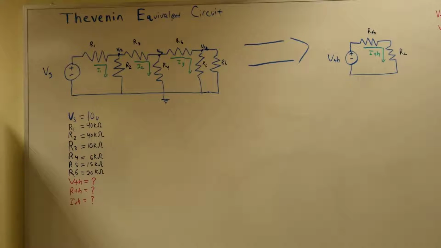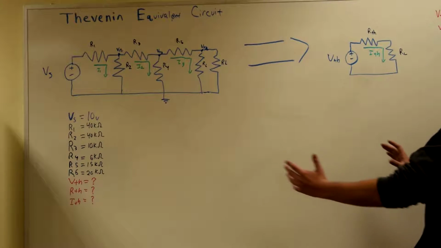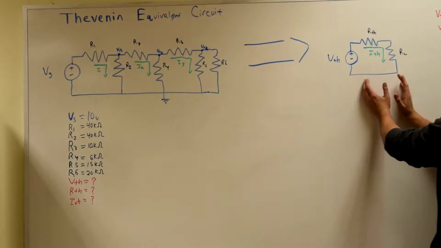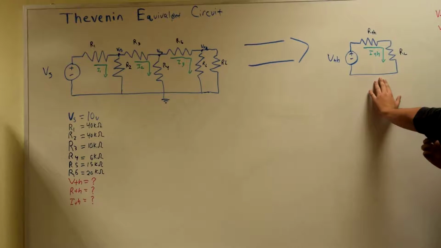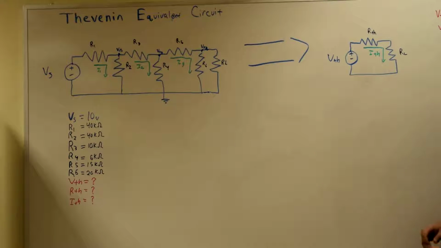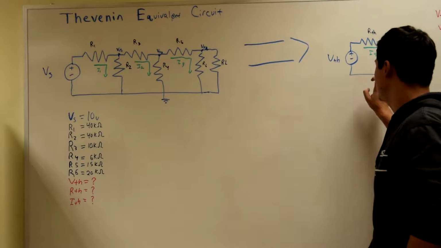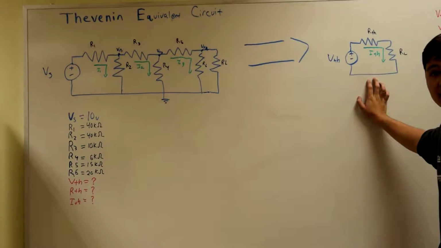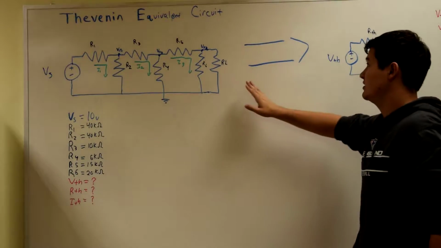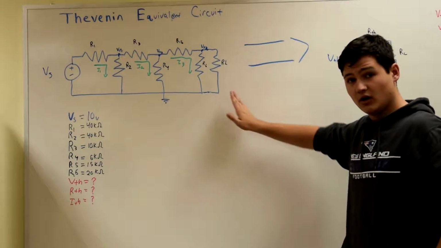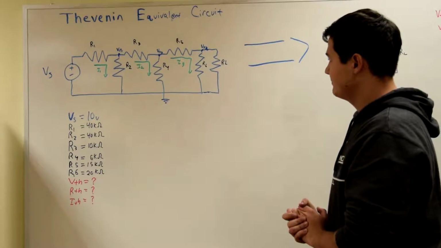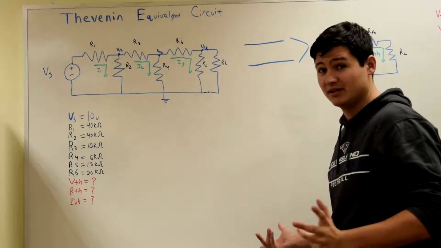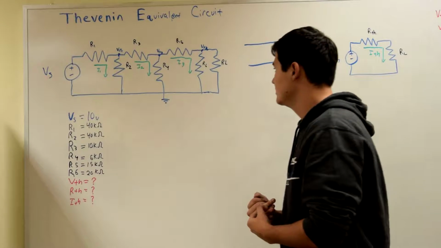So, we shrink this guy down to this. Very handy, very useful. So then we can work with this guy here instead of this guy because this is equivalent to that. Awesome, right? Okay. So how do you do that? Because I'm sure that's what you're here for.